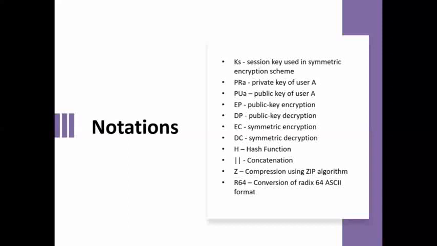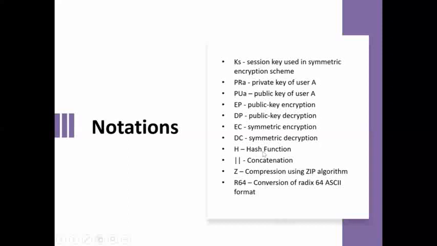Then EC is the conventional encryption algorithm, a symmetric encryption technique that uses KS, the session key. The same key is used at the decryption side, that is conventional or symmetric decryption.